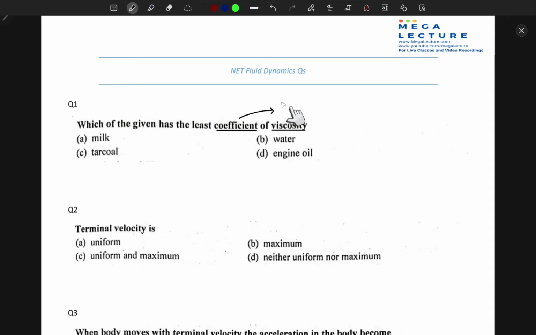So you can think in terms of friction, how much friction is present in the flow, right? So friction to the flow. Now, how easily something flows means the friction would be less, and hence the coefficient of viscosity would be less.